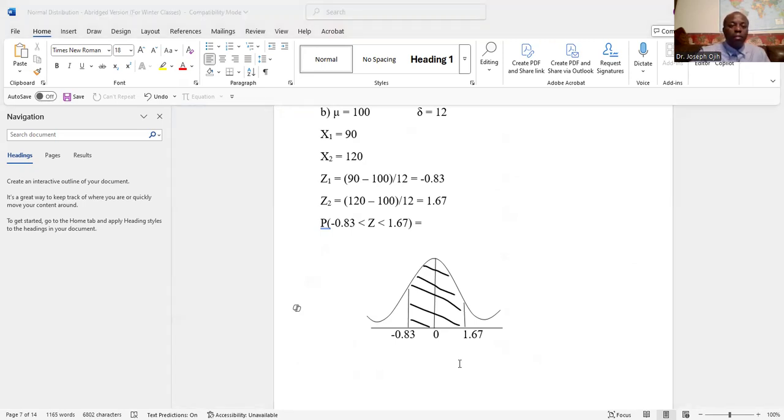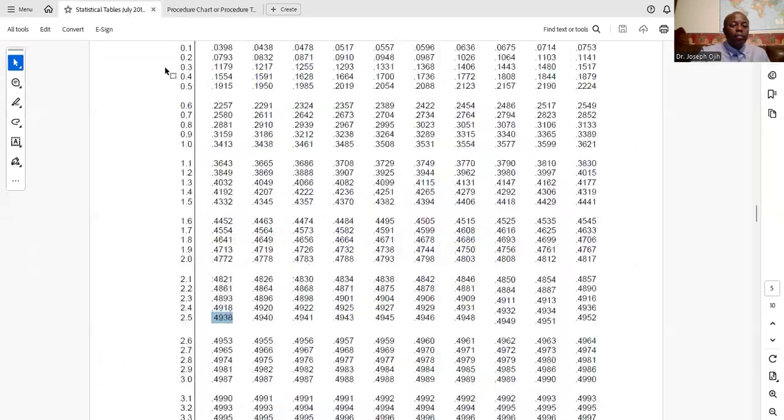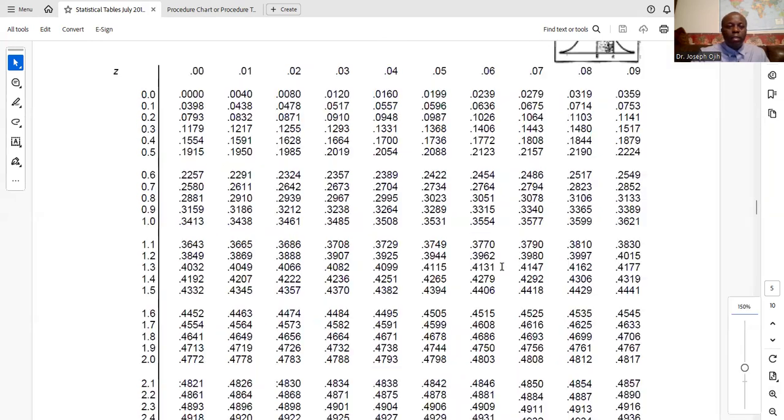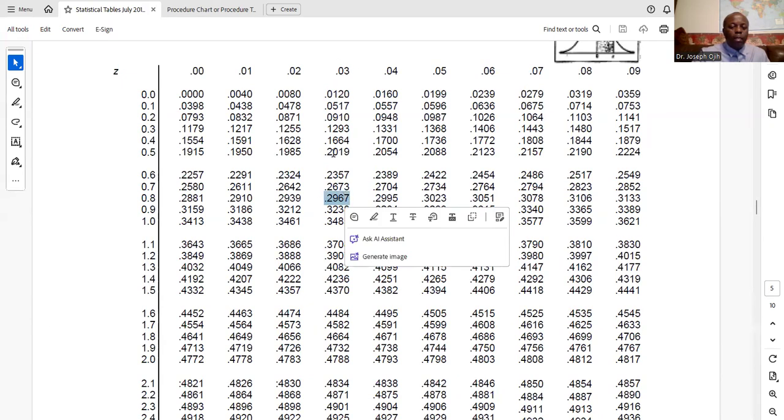The table we have is right here. For negative 0.83, you're not looking for the negative sign. Remember, I said the negative sign is just to tell you that it's on the left side. Don't worry about it. Just look at 0.8, and go under 3. That's it right there.